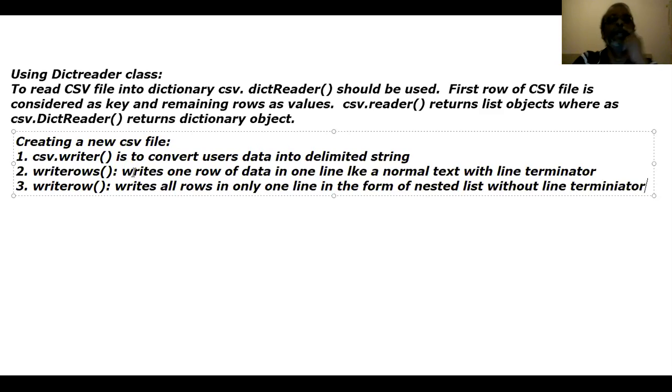See it here: writes one row of data in one line like normal text with line terminator. So our aim is, we have one nested list that contains 3 inner lists, each with some data. All the nested lists should be stored in one line in the form of a list itself. Then we should go for writerow. That is what we are going to use.